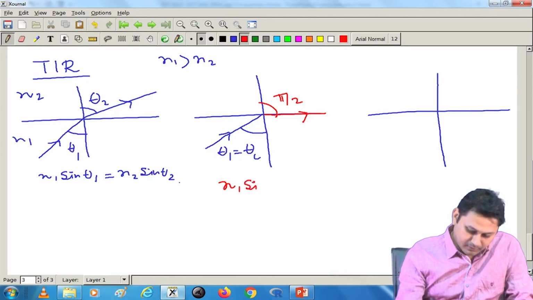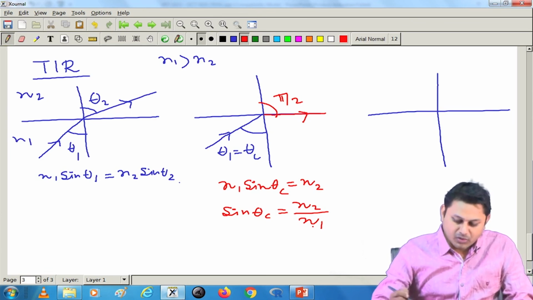So, we have a special equation, and this equation is n1 sin theta c is equal to n2, or sin theta c will be n2 divided by n1.